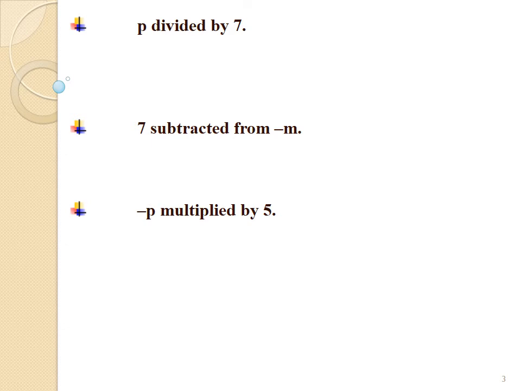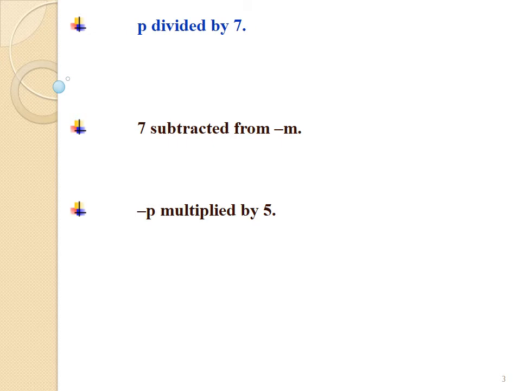Now, sum D. p divided by 7. Students, in this statement, the word divided is given to us. So, we have to divide. Students, we can divide in the form of a fraction, as we know that a fraction is nothing but a special division.